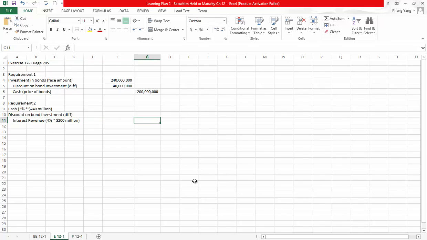Okay, so here's my calculation. 200 million times 4%. And then 240 million times the 3%. And my difference then is going to be my discount on bond investment of 800,000.